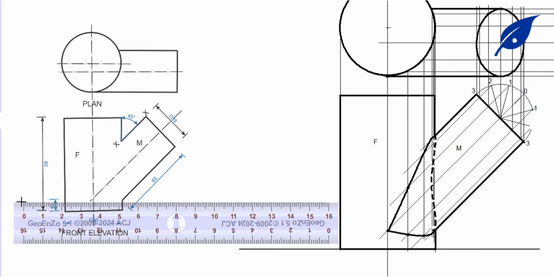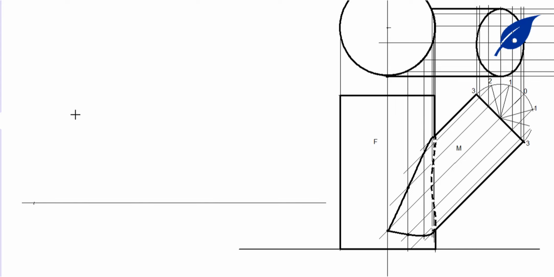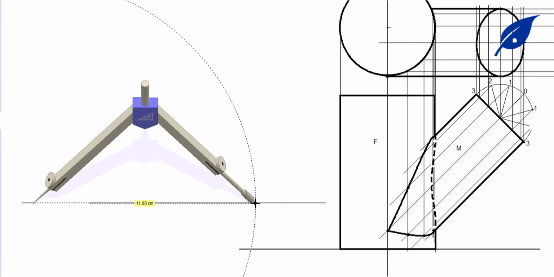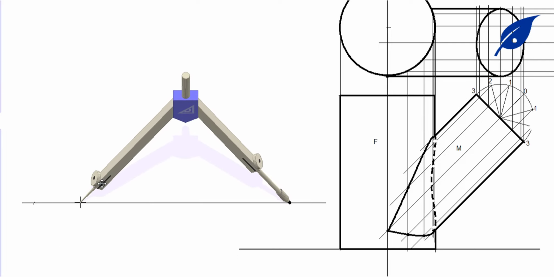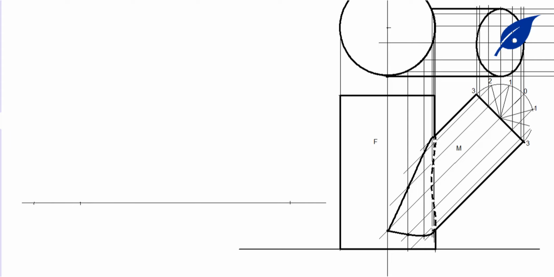Now we're going to create the development of the cylinder M along the seam X, which is the top side of it. Since we've divided the face of the cylinder into 12 equal parts, this semicircle is 6, so from the 6, we can get the 12.